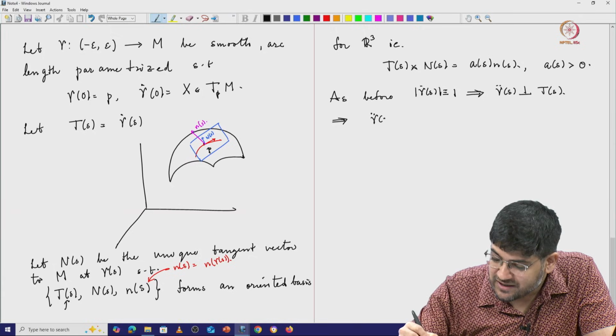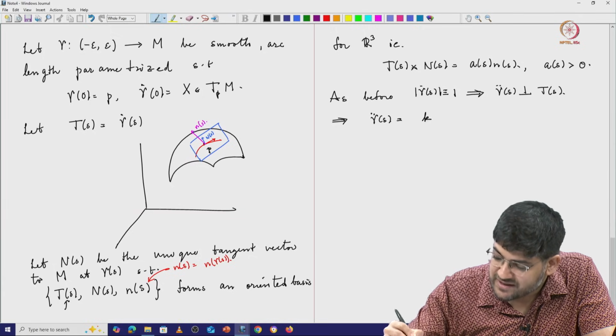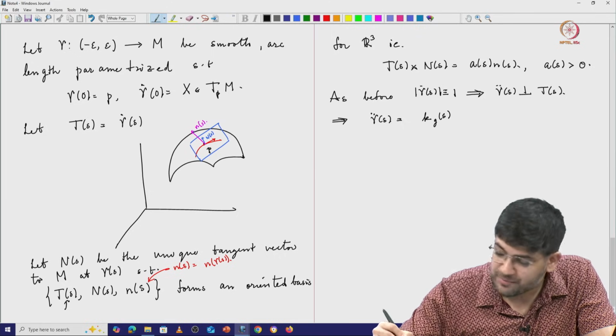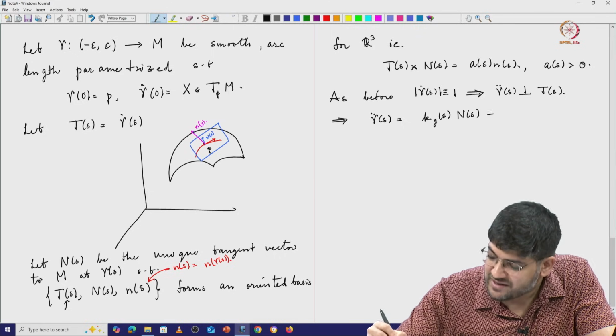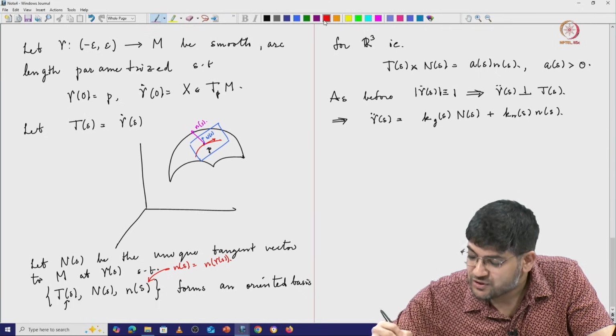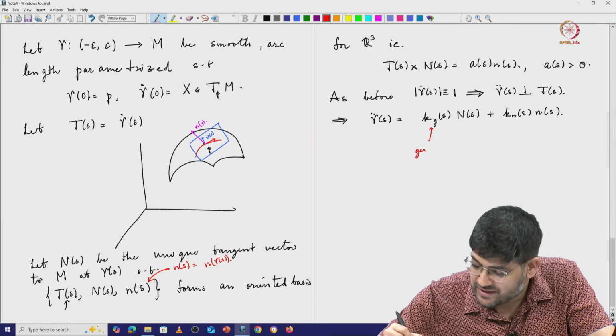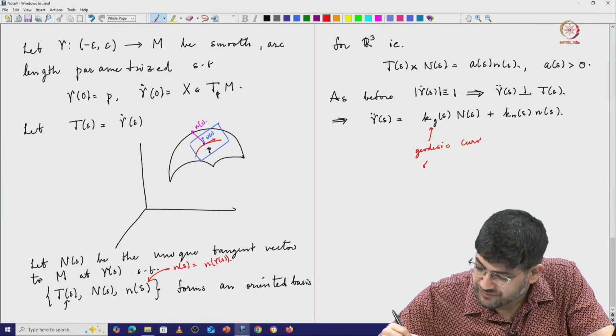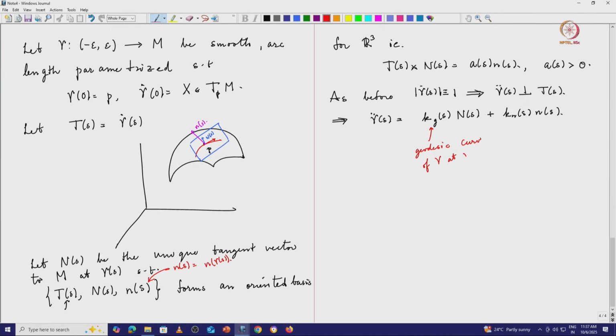So that means that the acceleration vector can be written as some k_g of s, some component along capital N of s, and some component along small n of s. So this component is called the geodesic curvature of gamma at gamma of s, and this little component here is called the normal curvature.